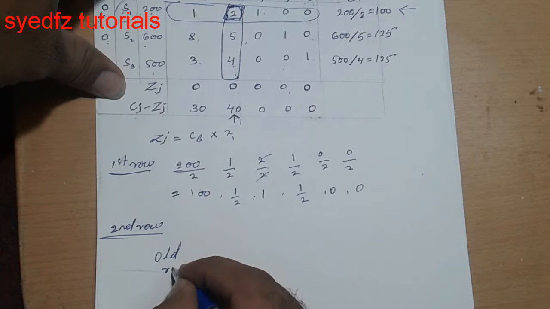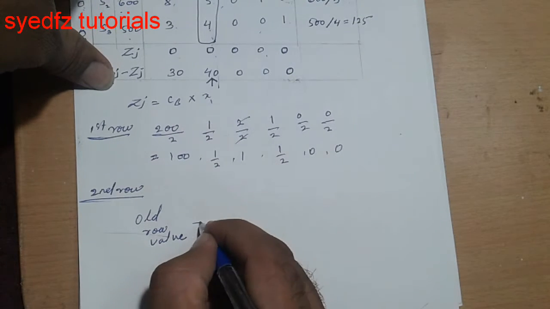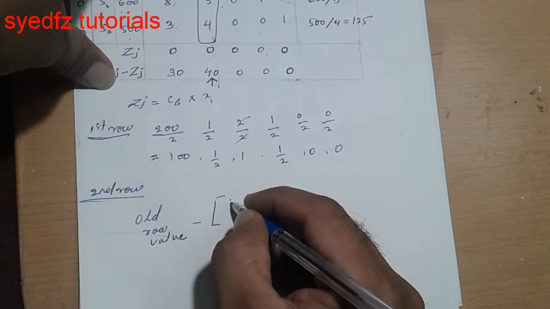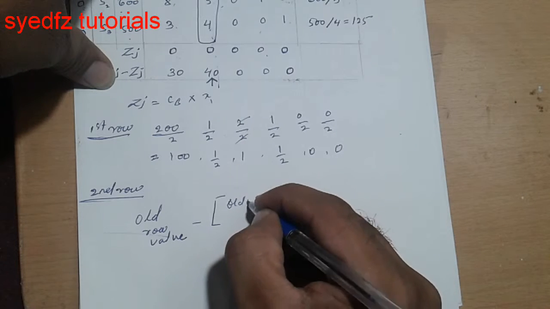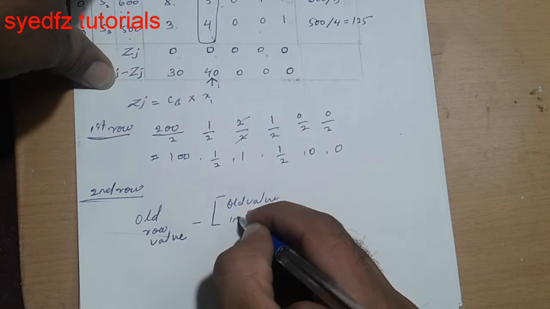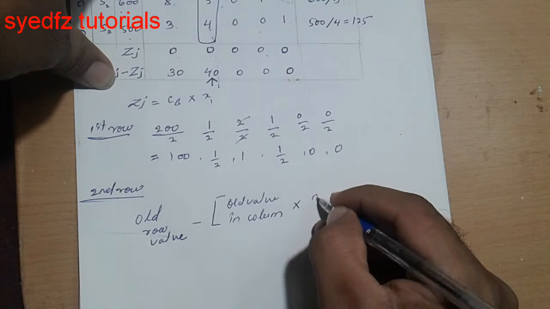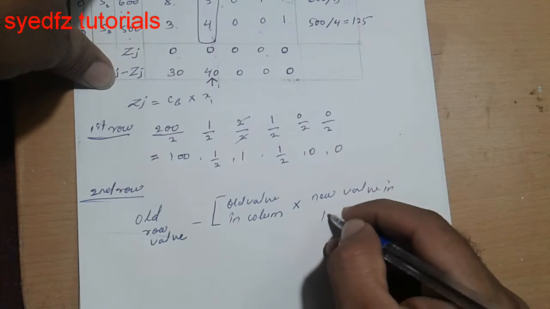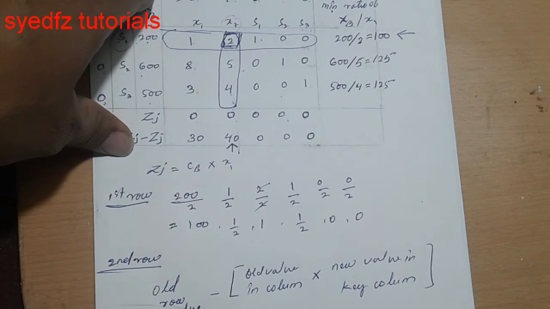Old row value minus old value in key column into new value in key column. Means old row value.